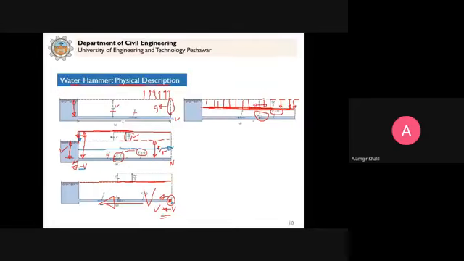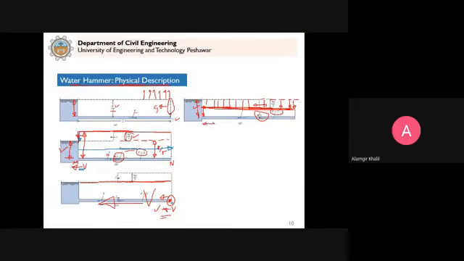Clear? When this wave reaches here, at this point, the pressure is below normal. But the pressure here can be this much. So now we have high pressure in the reservoir and low pressure in the pipe.